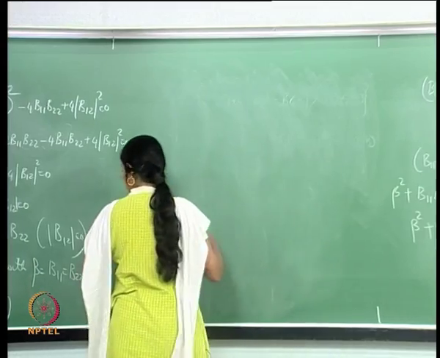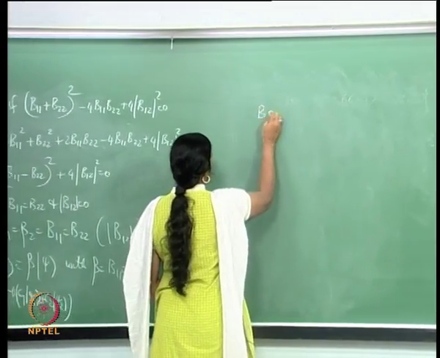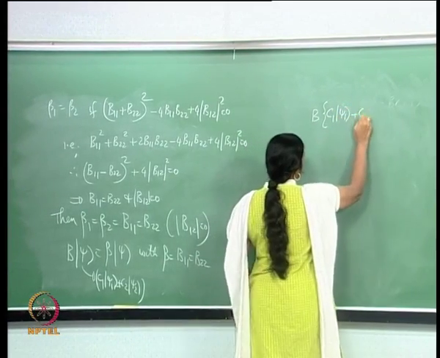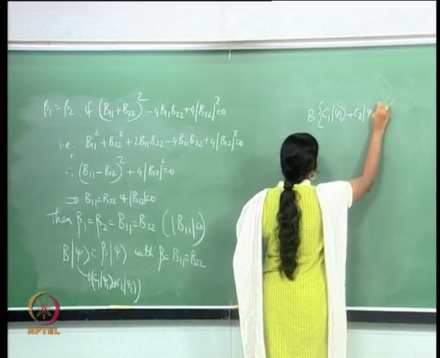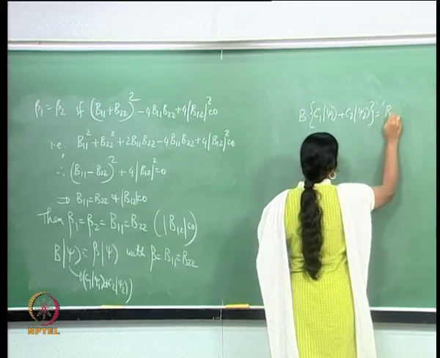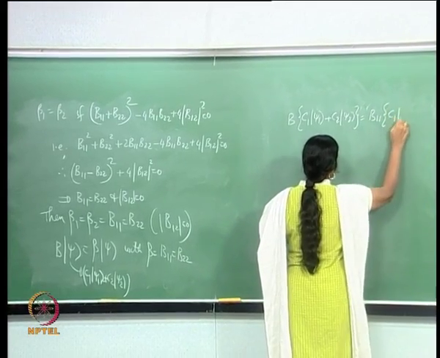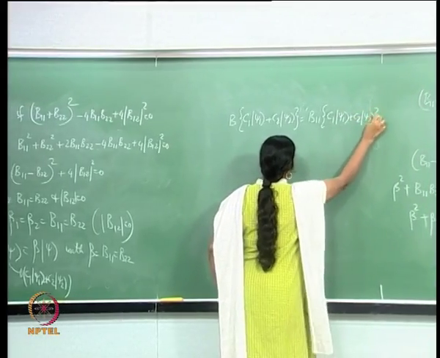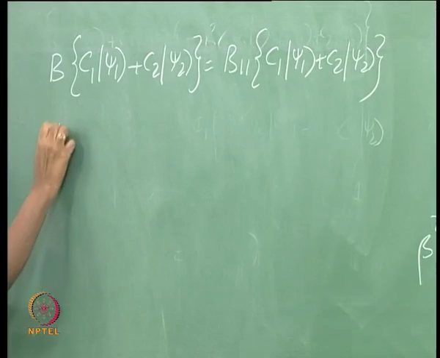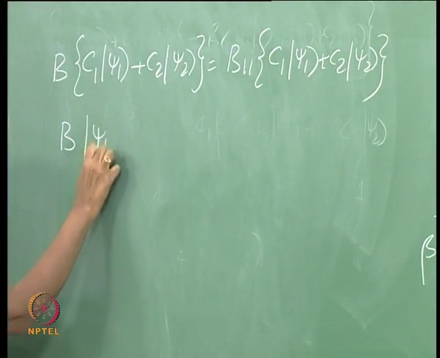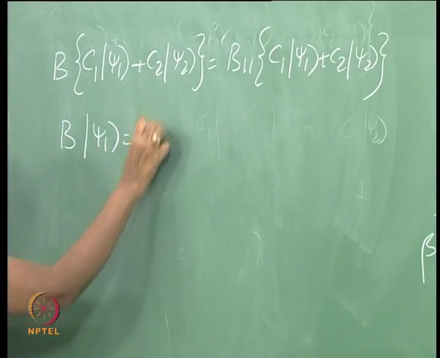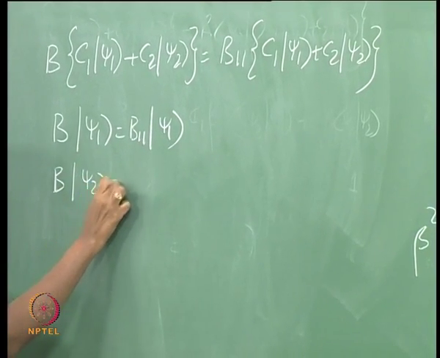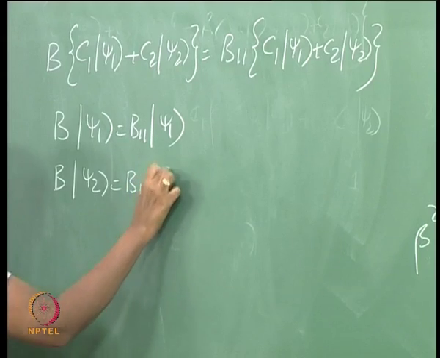I therefore have B of C1 psi 1 plus C2 psi 2 is B11 times C1 psi 1 plus C2 psi 2. This is true for any C1 and C2. Therefore, I have B psi 1 is B11 psi 1, B psi 2 is B11 psi 2.